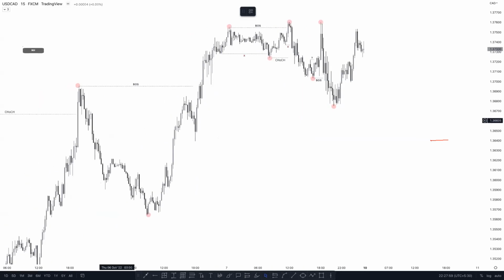All right. So if you are trying to be a scalper, considering the 15, 5 or 1 minute time frame, it is better to look at the London and New York sessions.